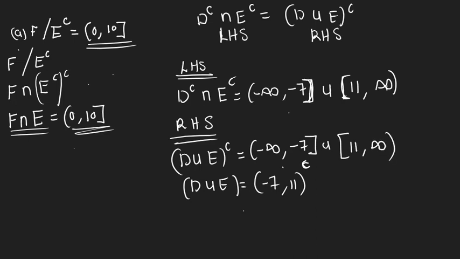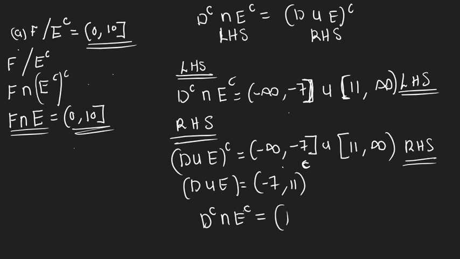So we've discovered that this was our left-hand side and this is our right-hand side, and we've proved that D complement intersection E complement is equal to D union E complement. This is De Morgan's law. So it's very simple to prove.